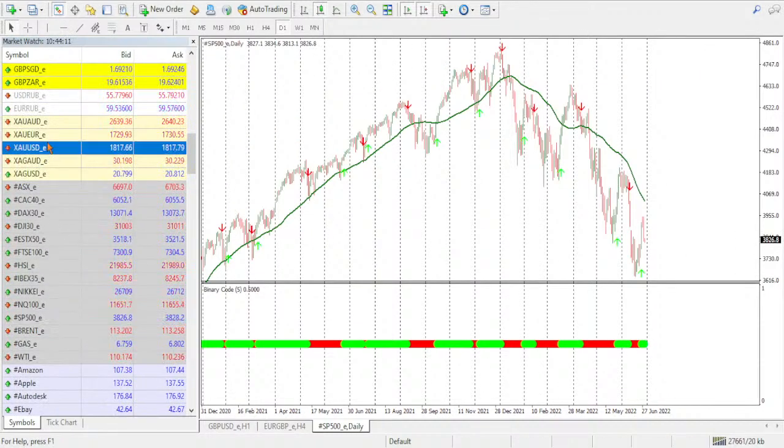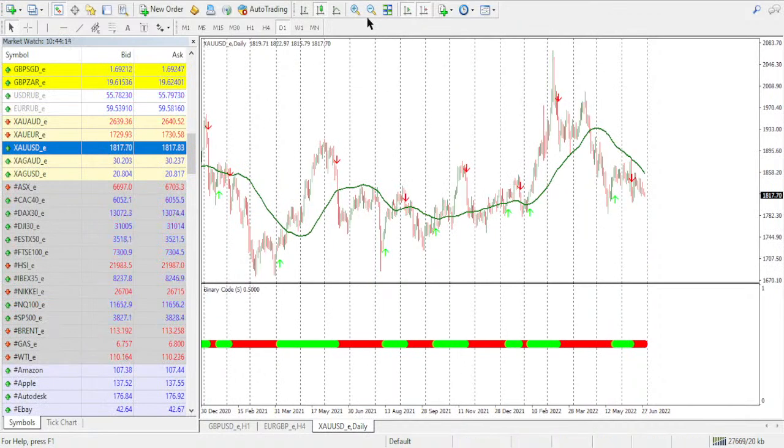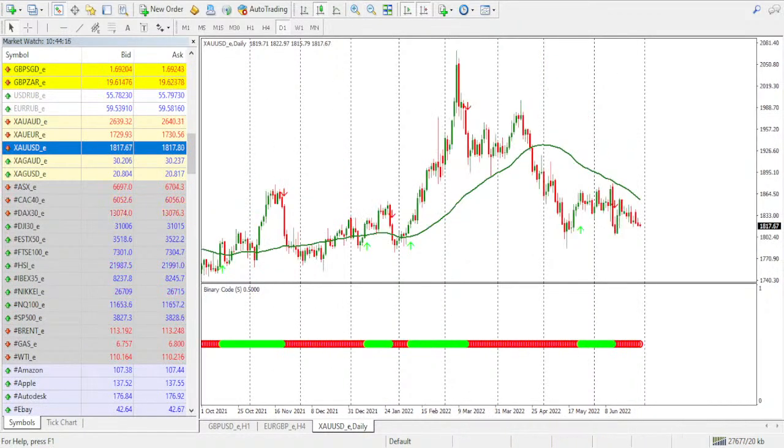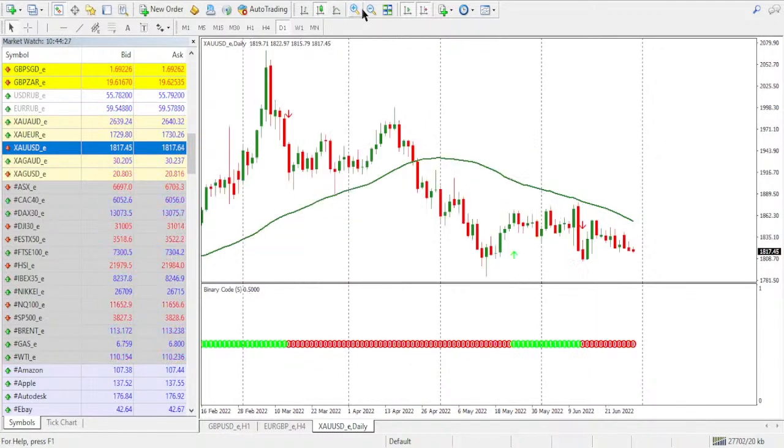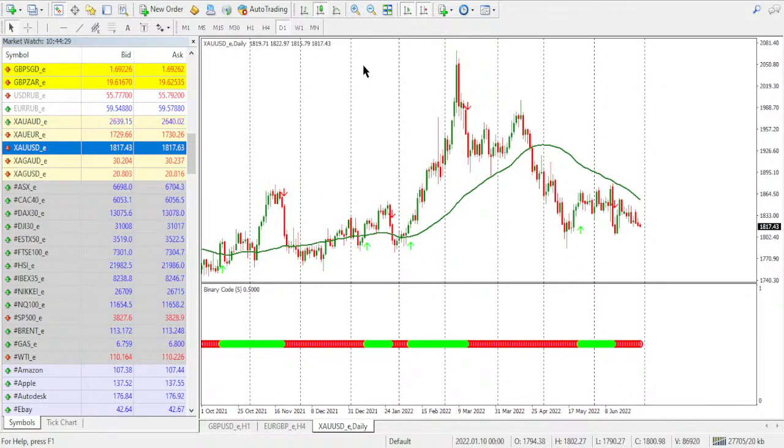My next chart is gold. So with gold so far, we are looking for the possibility that the price may likely sell off.